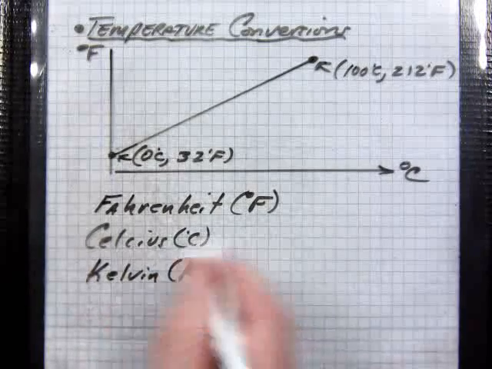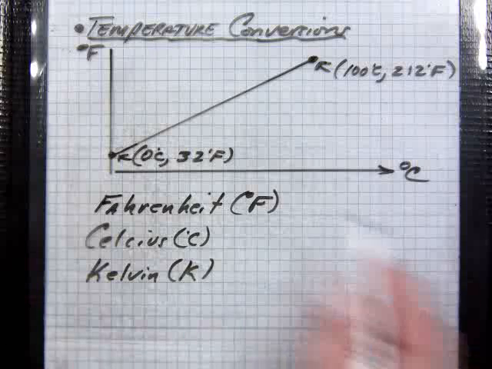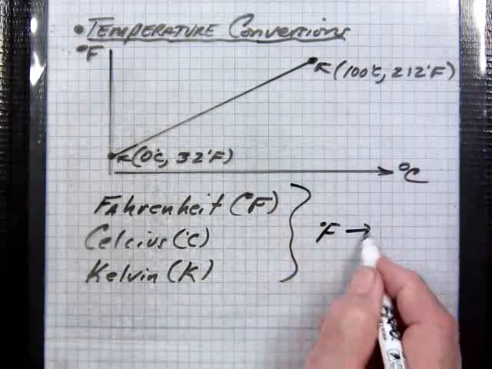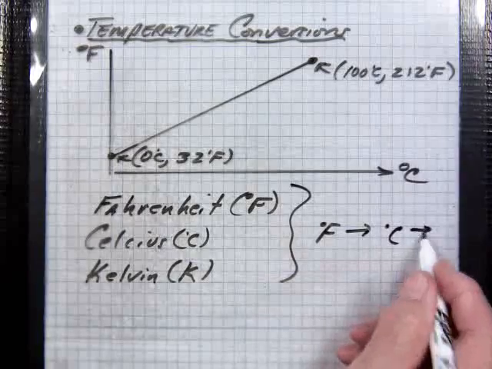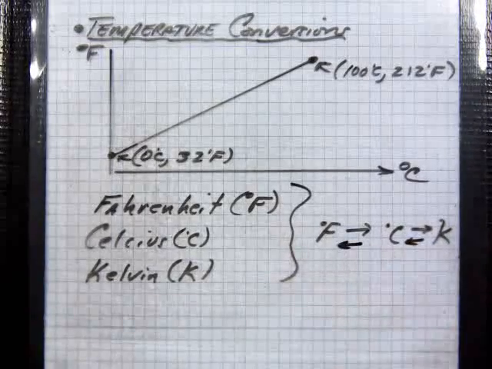Now, Fahrenheit and Celsius, just to make a trivial point, but it's important, those carry the superscript little circle, but Kelvin does not. It's an absolute number. Anyway, the object here is to be able to go from Fahrenheit to Celsius to Kelvin and back. So how do we do that?